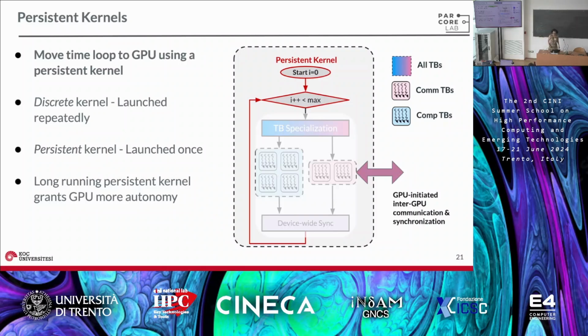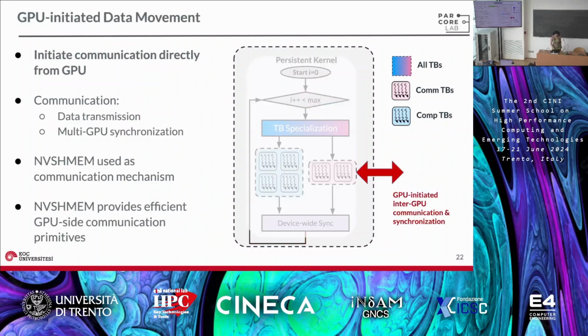It grants the GPU more freedom, but it has limitations because of the cooperative groups. You can ask me about that later. And we rely on GPU-initiated inter-GPU communication, and we use NVSHMEM heavily in this because NVSHMEM has one-sided communication.